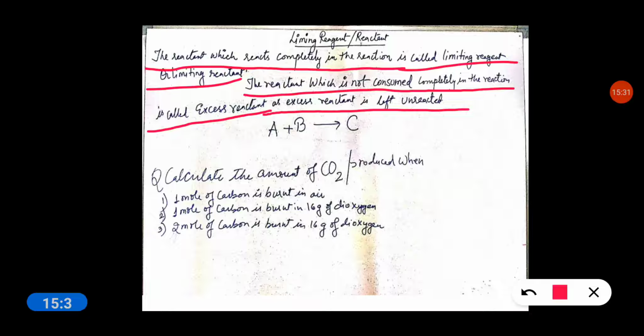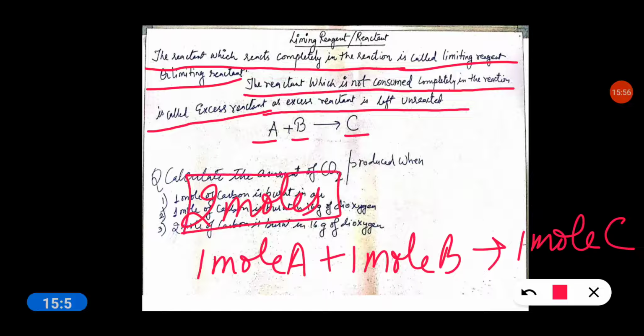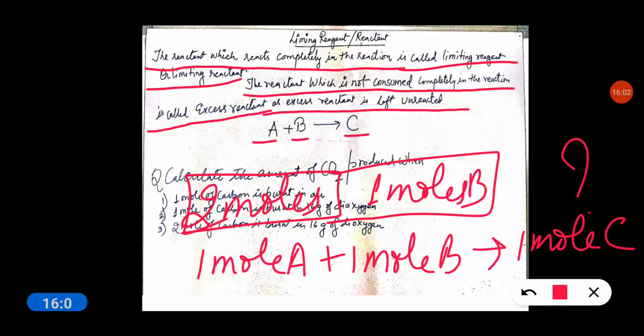For example, A plus B gives C. In this balanced equation, 1 mole of A reacts with 1 mole of B to form 1 mole of C. Right? Now, if I provide you 2 moles of A and 1 mole of B, then how much C will be produced?